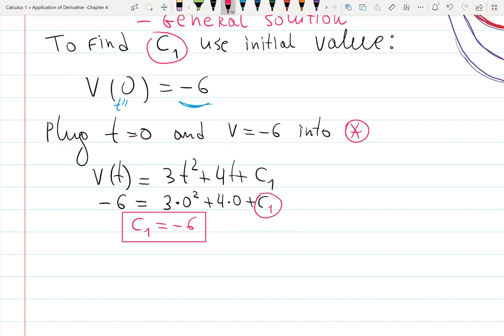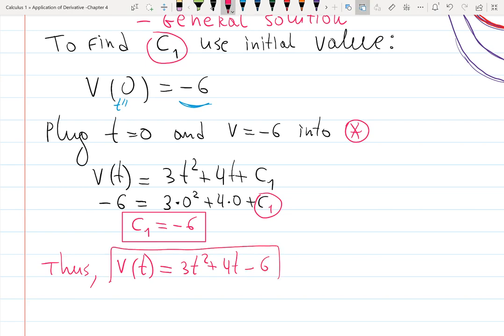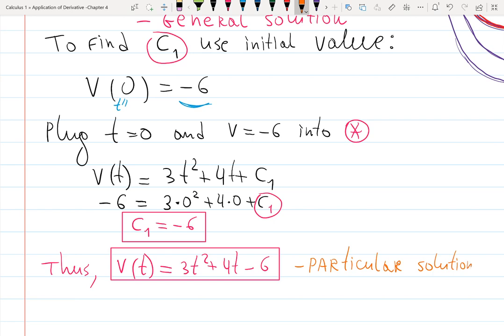So we found C1. Why did we do that? We can say thus, the unique particular solution is V of t equals 3t squared plus 4t minus 6. Put it in the box. That's not the final answer. That's just velocity. But at least we can say that this is particular solution of initial valued problem, IVP.